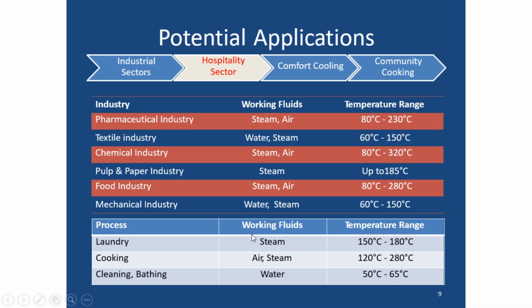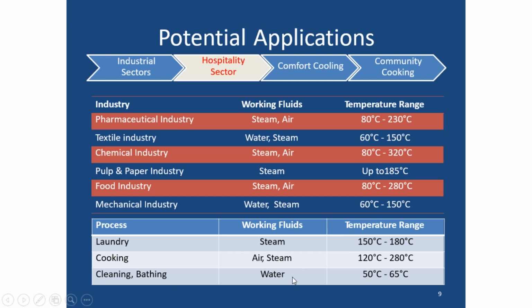We need to burn coal, or LPG, or any conventional fuel, which will cause a huge amount of pollution or harmful gases that can affect our environment. That is why we can produce this steam with solar for laundry application, for cooking application, and for cleaning and bathing application.